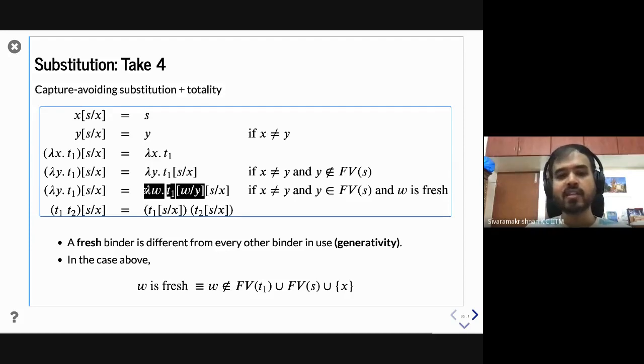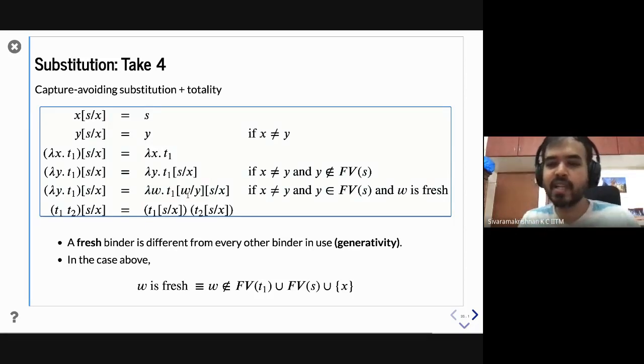Once you do that, we can always apply this rule. We know for a fact that w is fresh, so w cannot be part of the free variable set in S, otherwise the definition of freshness would be wrong. Because w is fresh, it will not be part of the free variable set of S, so this rule can apply, and we can go ahead and perform the substitution.